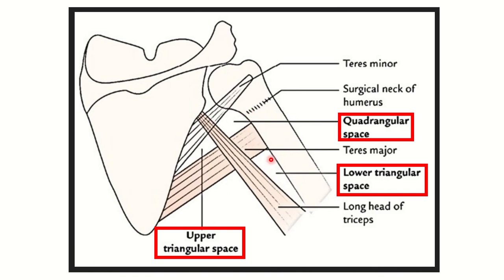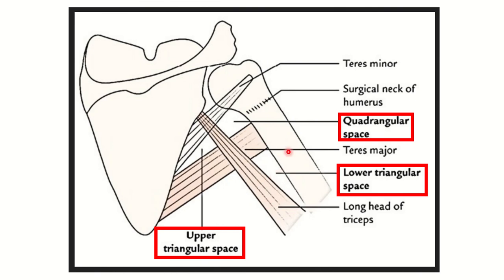If we go down to the lower triangular space, the quadrangular space and the lower triangular space are the most important, and their boundaries should be read very clearly. Superiorly it is bounded by the teres major muscle, medially by the long head of the triceps, and laterally by the humerus.